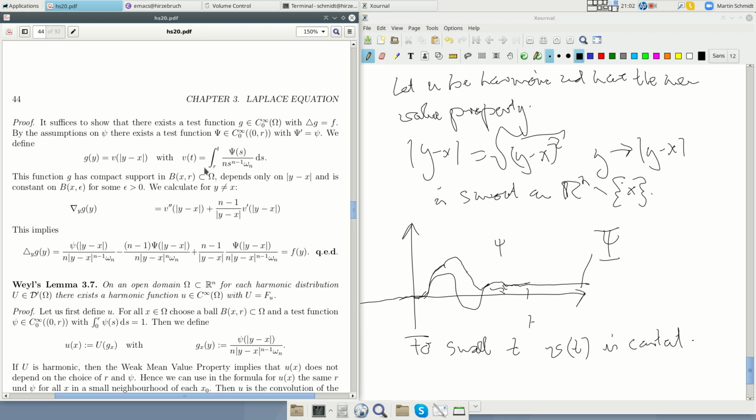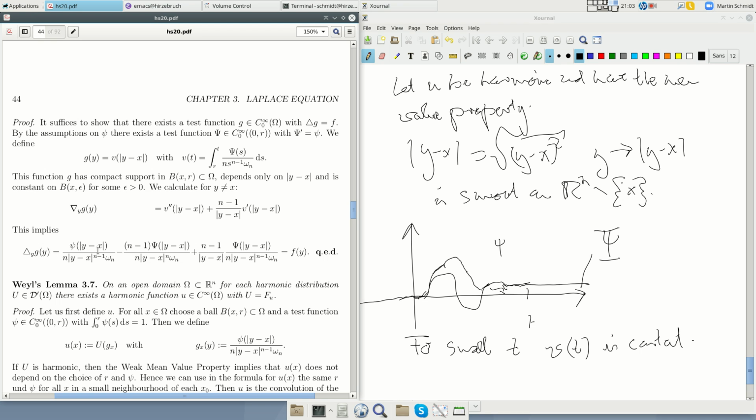So we insert. If we take the second derivative in t, the only t dependence is here. The first derivative is: insert psi, and the second derivative then by the fundamental theorem of calculus we get this.